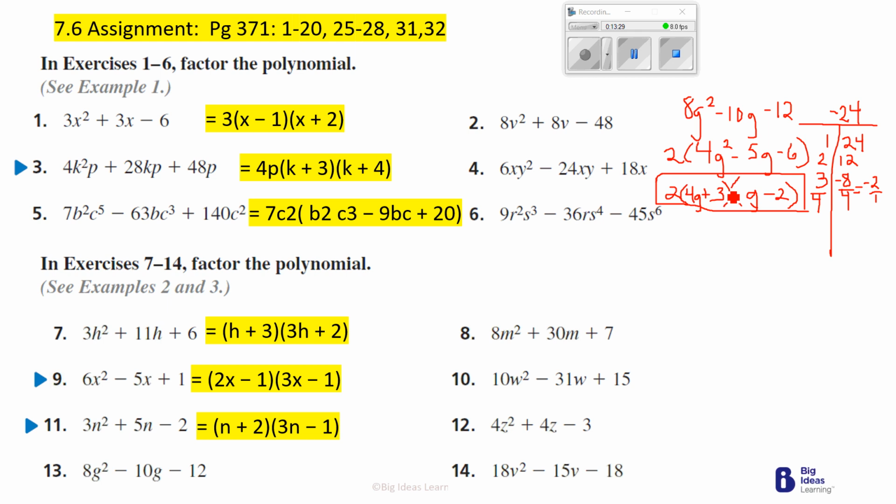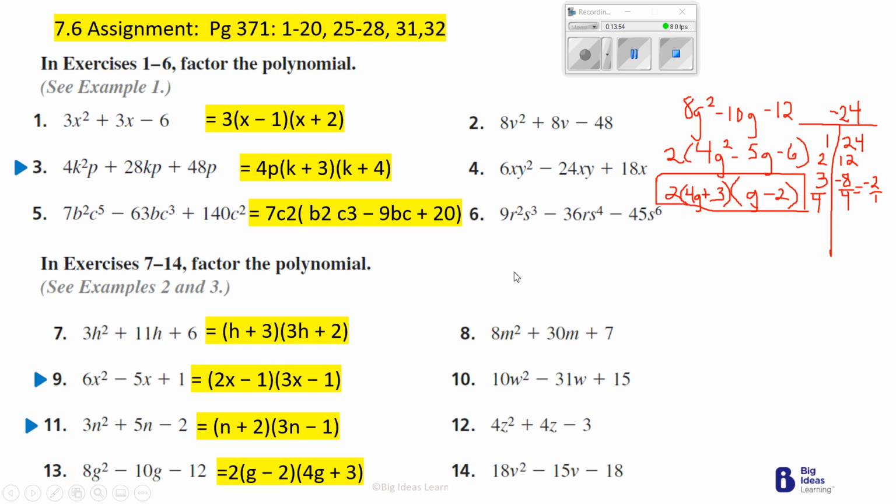And then 3 times g, that's positive 3. And negative 8 plus 3 is going to give us negative 5, right? And the negative 5 times 2 will give us the negative 10. We should have the right numbers here: 2 times g minus 2 and 4g plus 3.